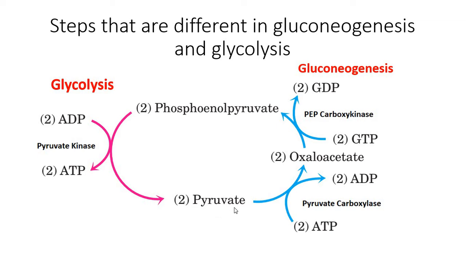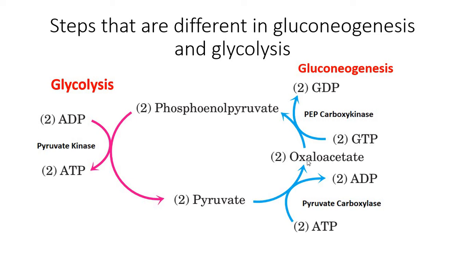So in this case, pyruvate converts back to phosphoenol pyruvate by different enzymes, and it occurs in two steps. In the first step, the pyruvate converts to oxaloacetate with the help of the enzyme called pyruvate carboxylase. This leads to incorporation of a carbon dioxide molecule, forming oxaloacetic acid, and it utilizes one ATP.